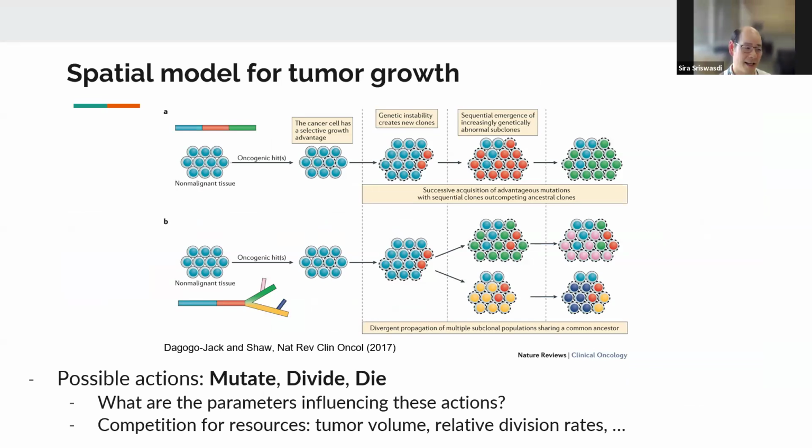And when a cell divides, it has to compete for space and compete for nutrient with the adjacent cells. So there are people who try to model how normal cells and then certain cells inside the tissue gain the mutation that causes them to be cancerous.